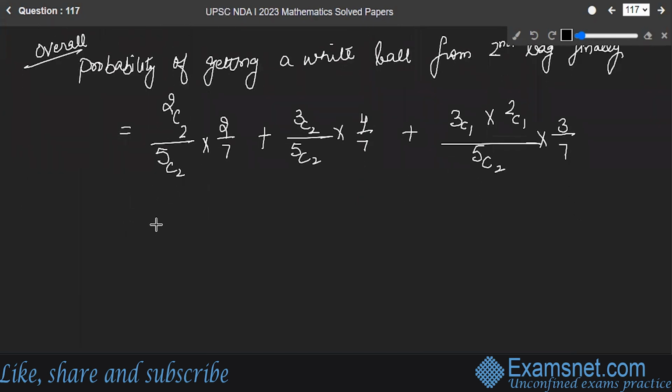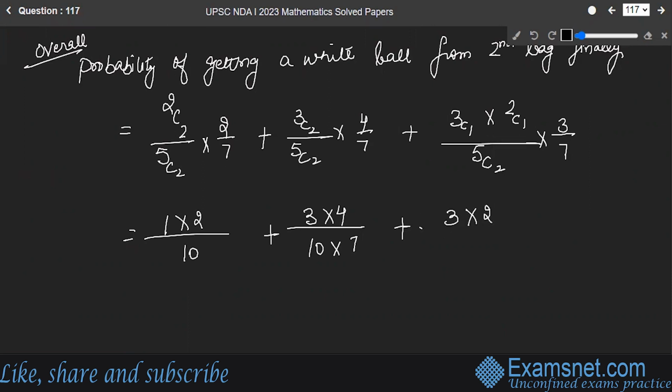So this will give me 2 factorial, which is actually 1 into 2 upon 5 into 4 divided by 2, this will be 10, plus 3 multiply 4 upon 10 multiply 7, plus 3 into 2 upon 10 multiply 3 by 7.